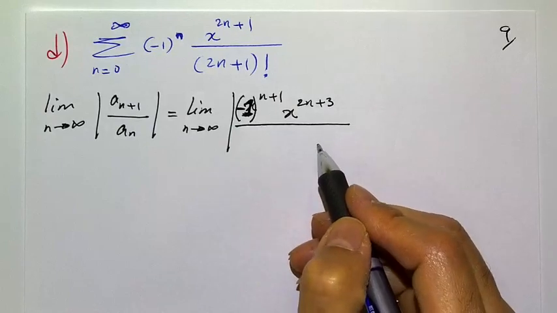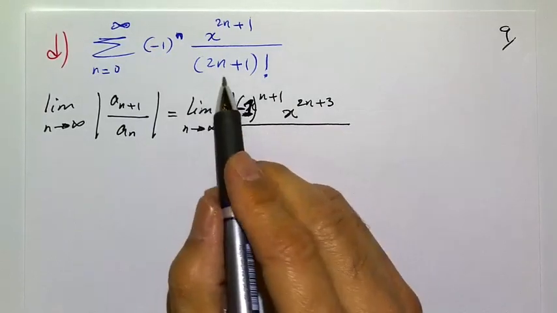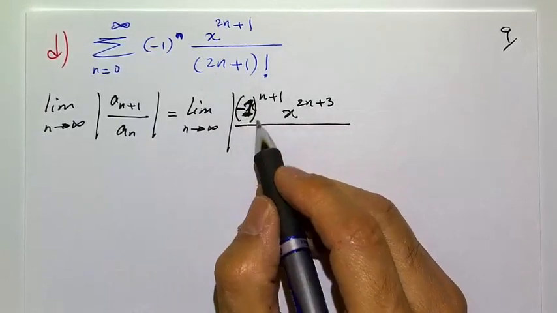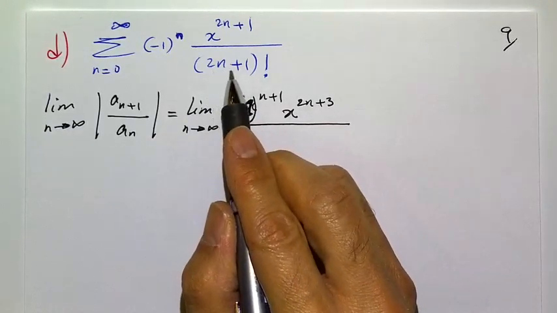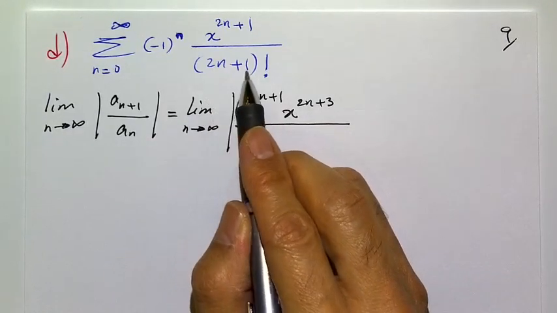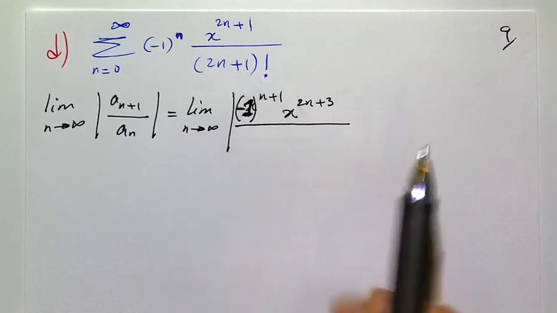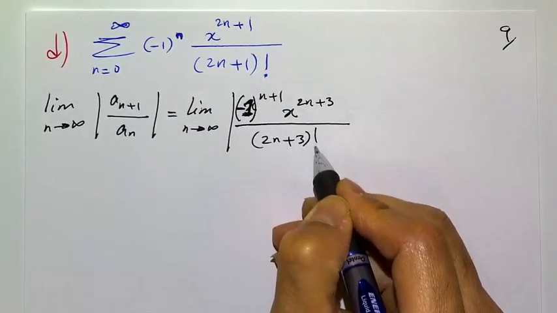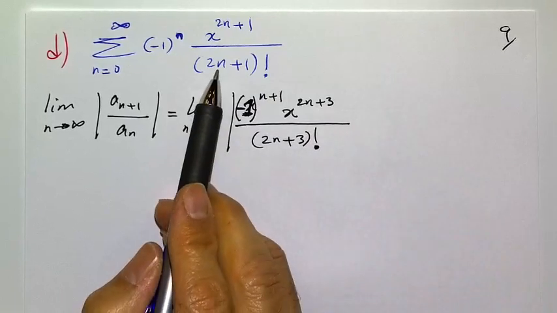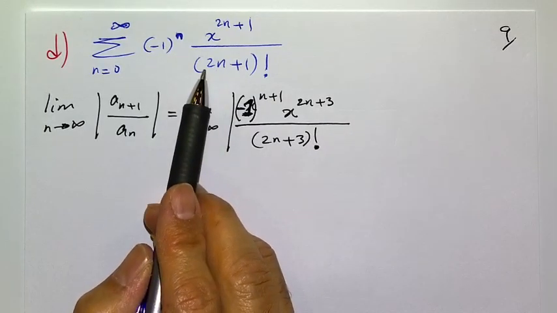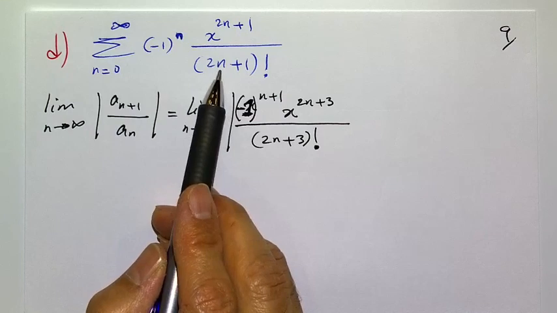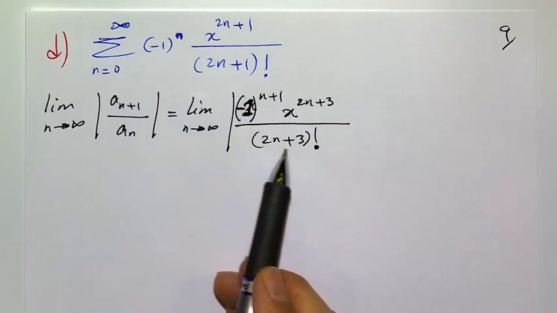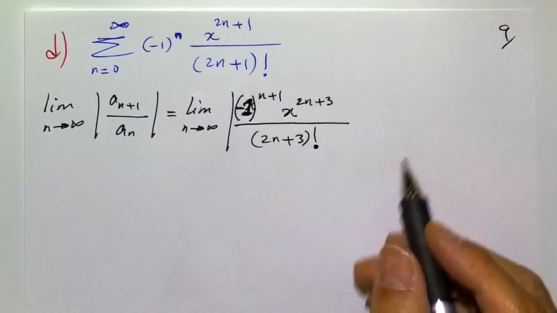Divided by, and the same thing here but factorial. So 2 times n plus 1 would be 2n plus 2 plus 1, 2n plus 3, and then factorial. So 2n plus 3 factorial. All I did was substitute for n with n plus 1, distribute 2 to it, and then add it to 1, and we get that factorial.